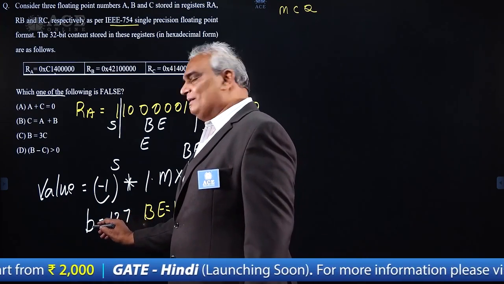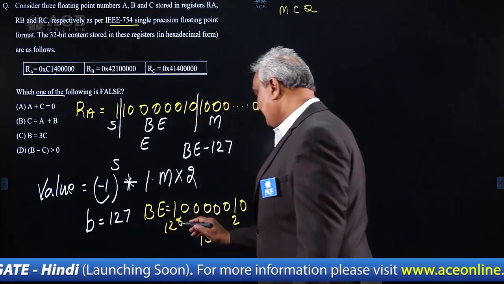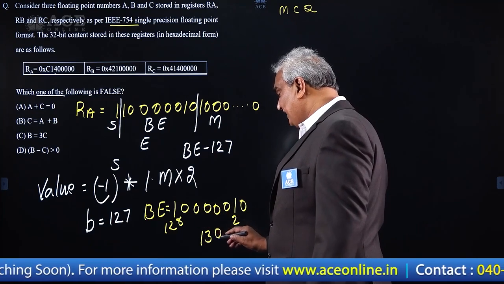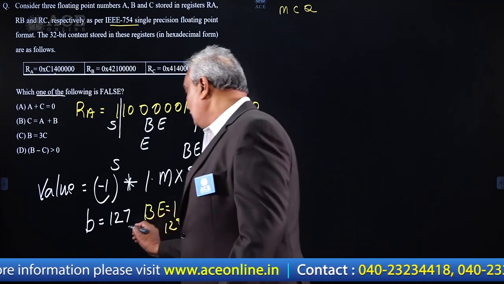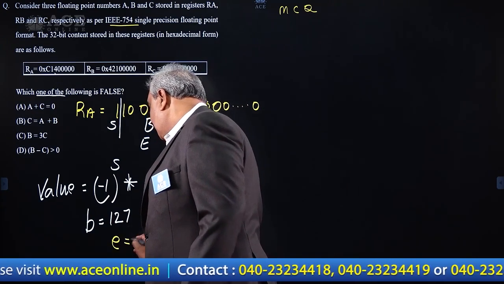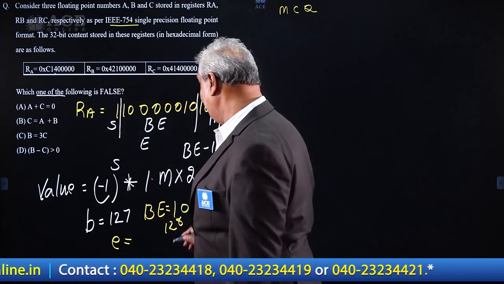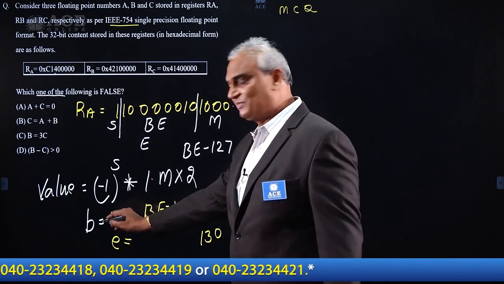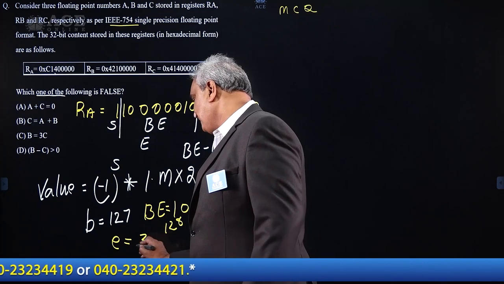Here, biasing value is 127. Biased exponent value is 130. Then small e is the true exponent, which is biased exponent value minus biasing value, means 3.